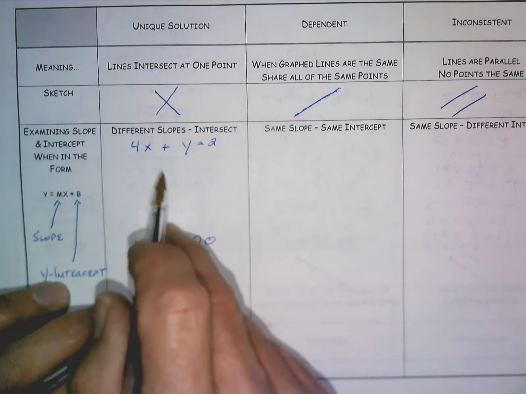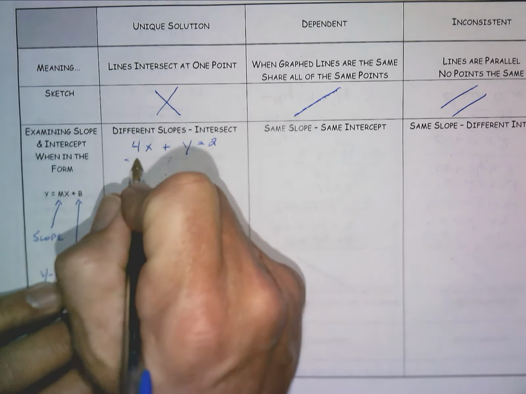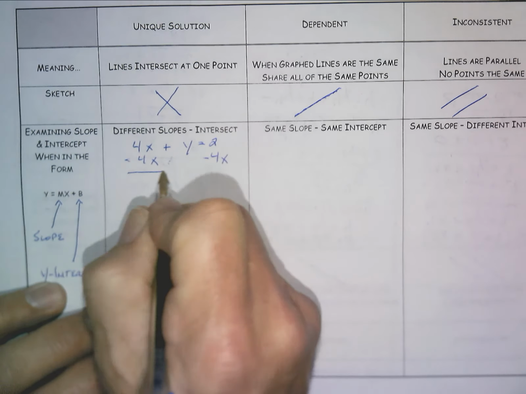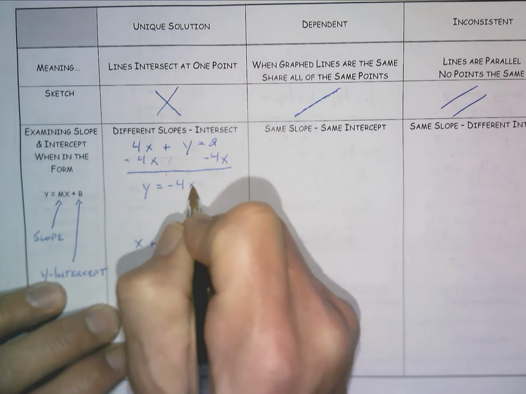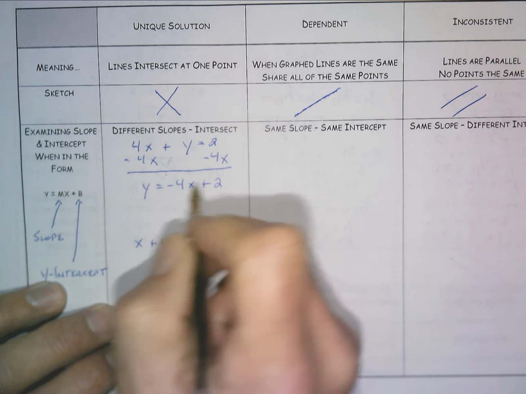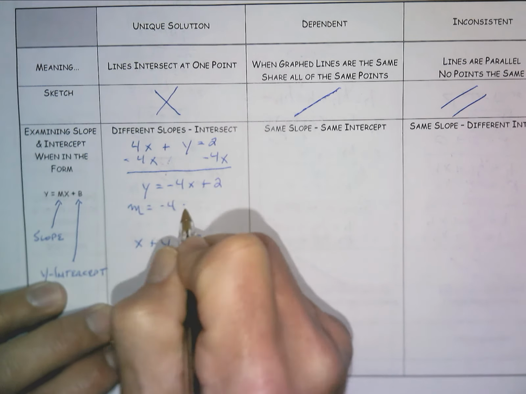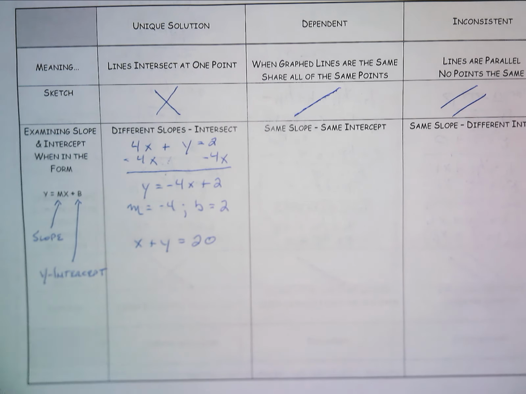So I'm going to solve this equation and put it in this form. I'll subtract 4x from each side. And I get y equals negative 4x plus 2. So in this case, the slope is negative 4, and the y-intercept is 2. That's the first equation.